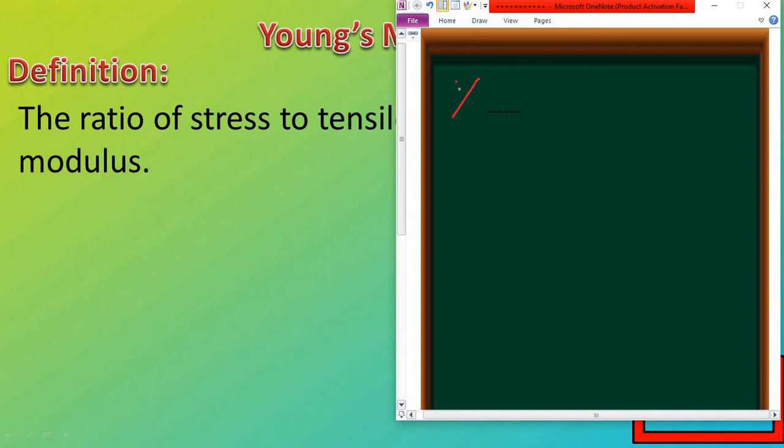So I write here Young's modulus is equal to the ratio of stress and strain. Young's modulus is denoted by capital Y, and here I write stress over strain.